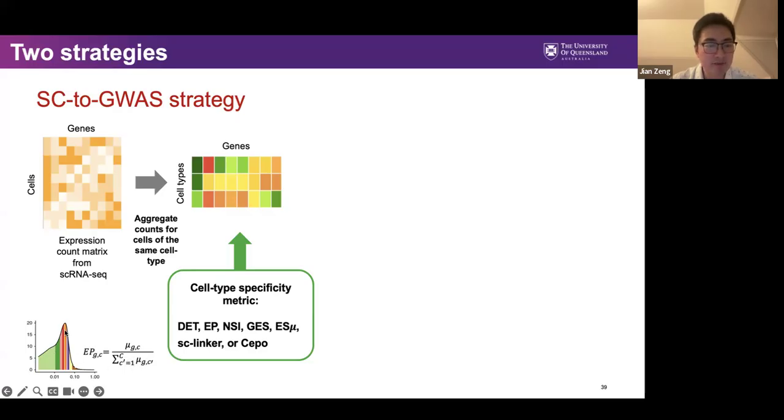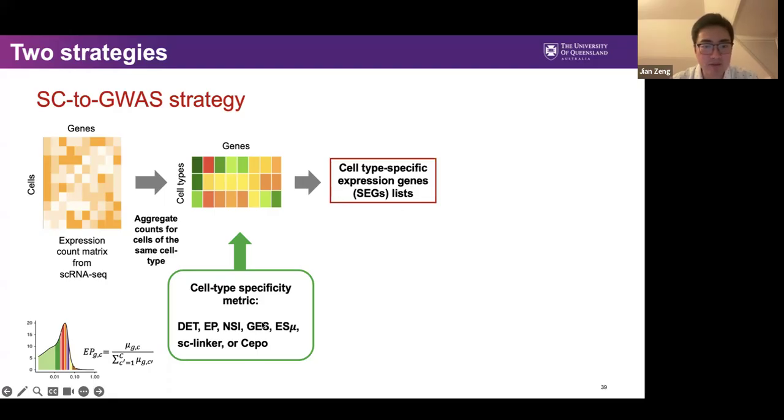And then you can get the distribution of this EP score across genes for a cell type. And people often take the top 10% of genes as the cell type specific gene set. And this method is also called TOP10 EP, the top 10% expression proportion.